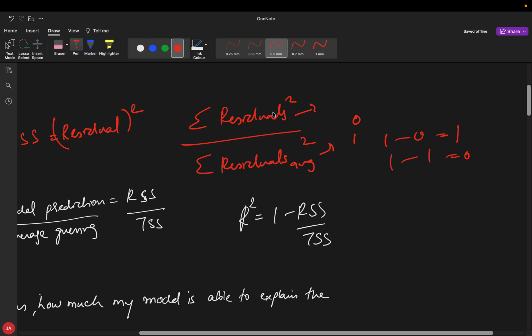And if the residuals my model is making are worse than the average mean model, the ratio would be greater than 1. So 1 minus a value greater than 1, let's say infinity, would be more negative. So the r square ranges from minus infinity to 1, and this will be an open bracket. My r square ranges from minus infinity to plus 1.